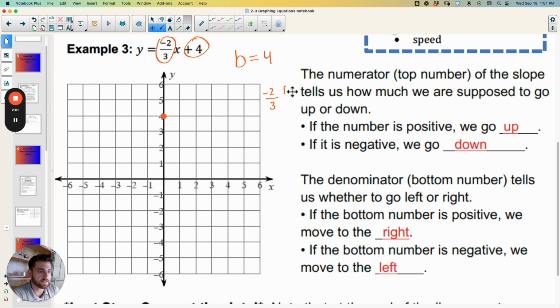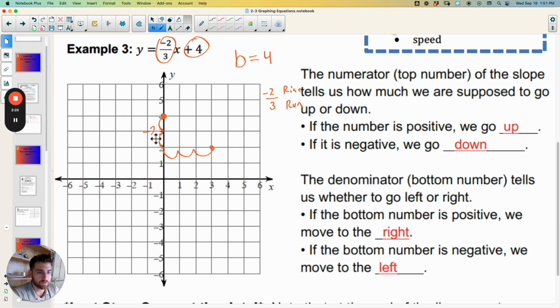So you can think of this as rise over run. The other thing that I mentioned today in class is that if the top number is negative, you can think of it as the fall. So if this is a negative 2, that means I'm going to go down 2 units. And then the positive 3 means I'm going to go right 3. 1, 2, 3 units.